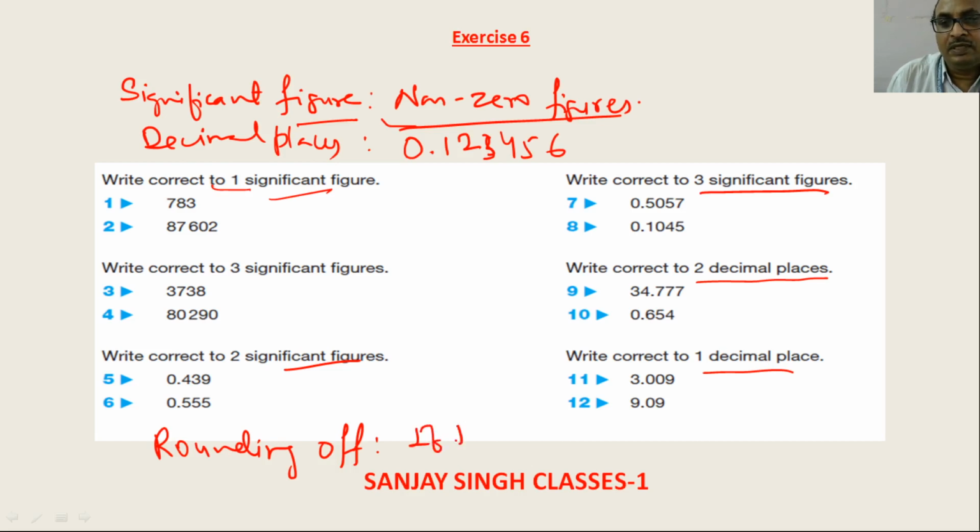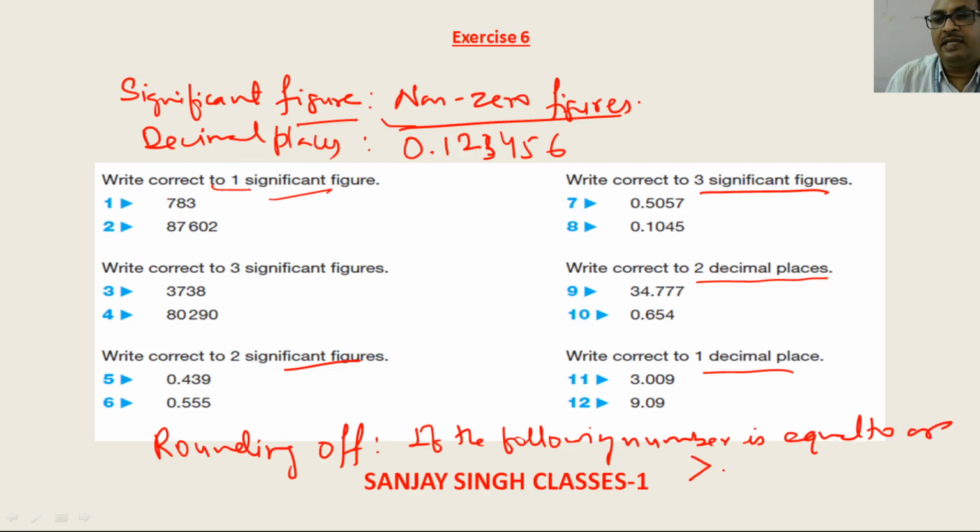If the following number is equal to or greater than 5, then the preceding number will be increased by 1.